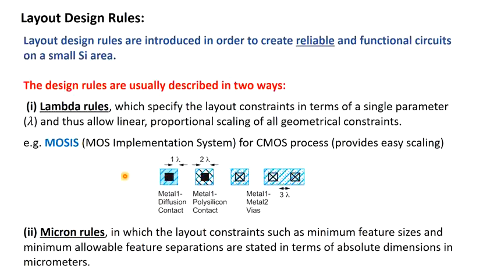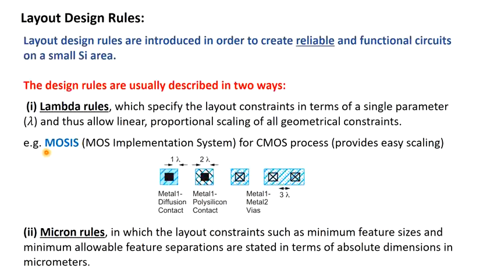From this you can easily understand how the lambda based design rule provides easy scaling. Here one question might arise in your mind: what is this lambda? Lambda is a specific length for a particular technology node, and the minimum feature size for a particular technology node will be given by 2 lambda.